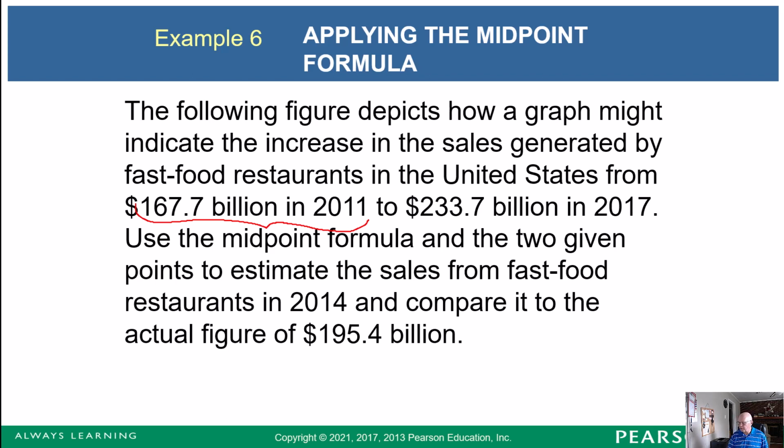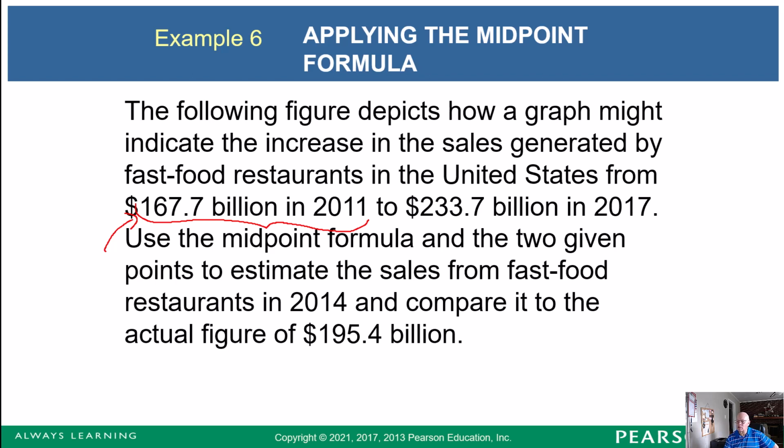So here, as I mentioned, this is an ordered pair. Now you might want to put the year first. So put 2011 as the first coordinate, 2017 as the first coordinate, and put the numbers for your second coordinate.